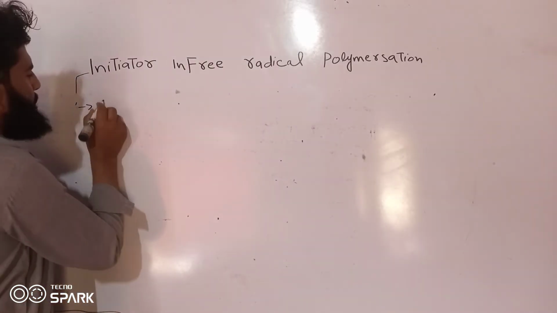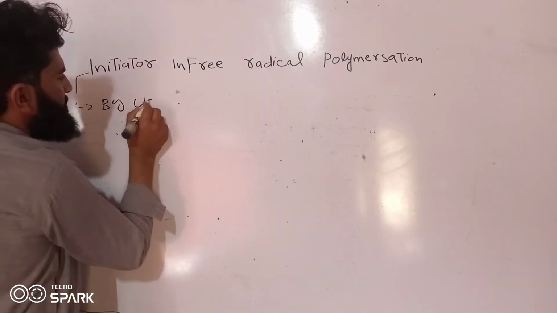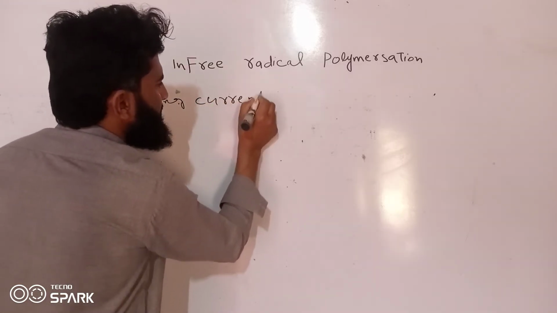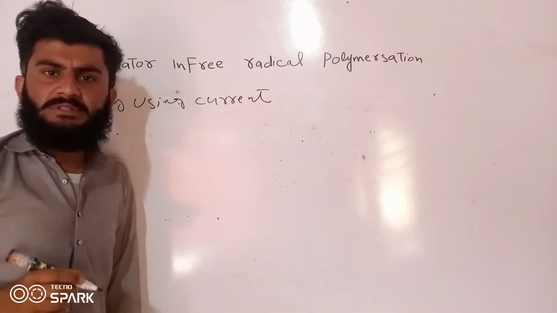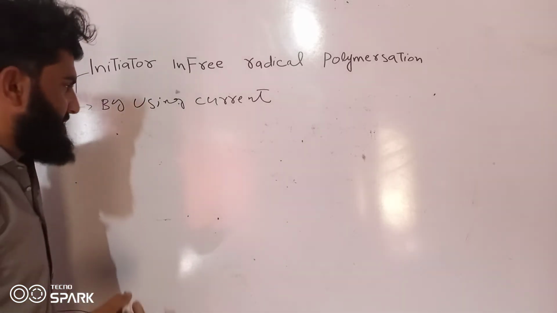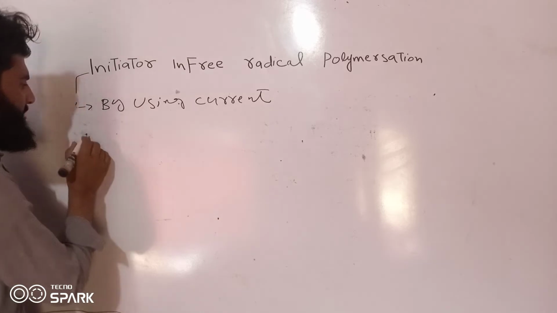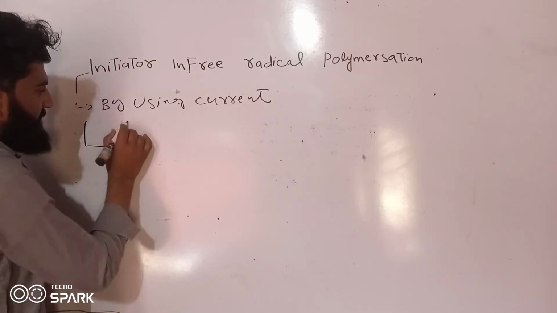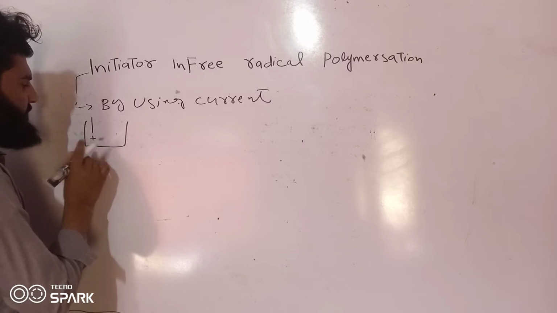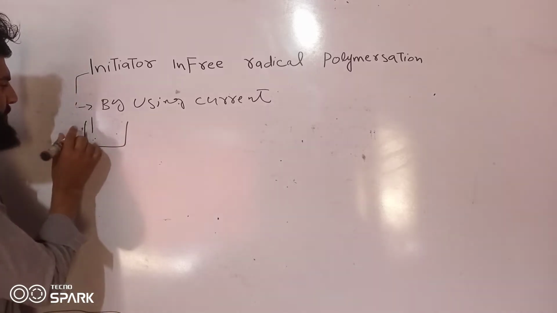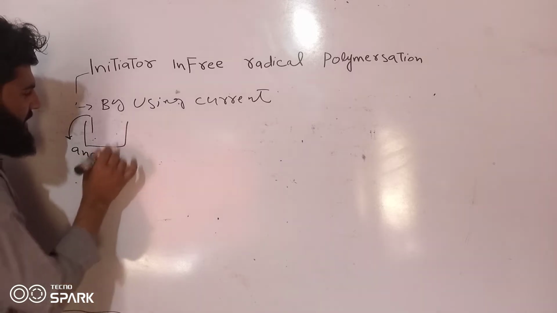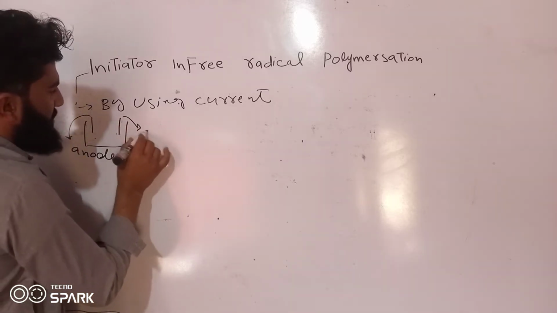So by using current, we can produce an initiator for free radical addition polymerization. For example, this is a solution. Here is an anode, and this is the cathode.